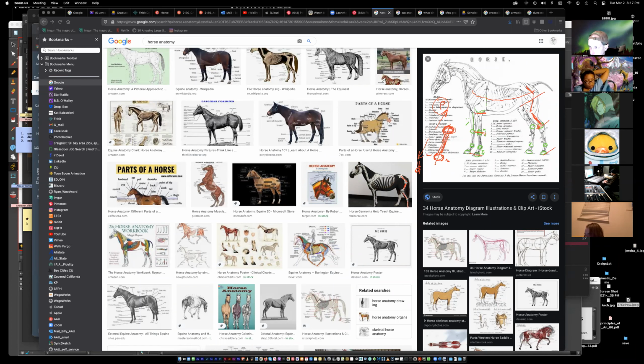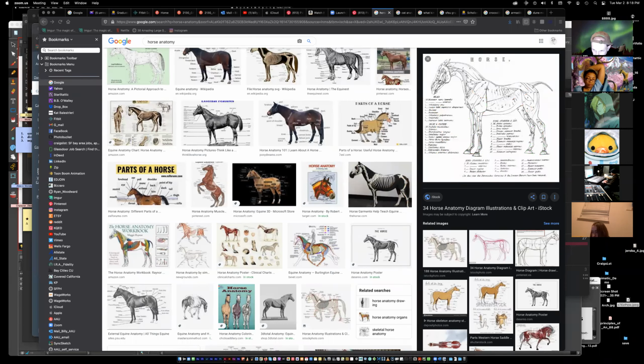So when I speak of the tibia being here, anything that is an outside curve looks like this. Anything that's an inside curve looks like this. Remember, we've talked about this before, so let me reiterate. This is the humerus and the tibia-fibula combination. Anything that's an outside curve is like this. Anything that's an inside curve is like this. This is what makes drawing the horse fun and difficult at the same time.